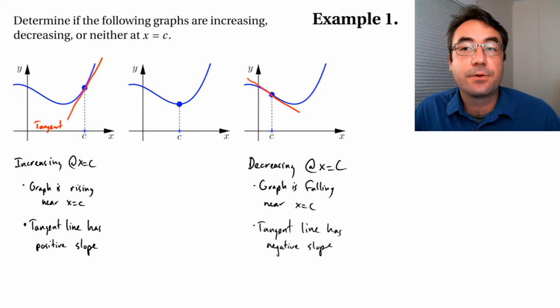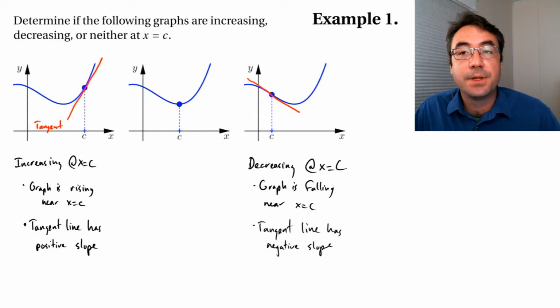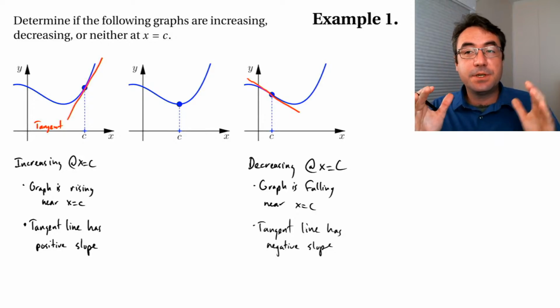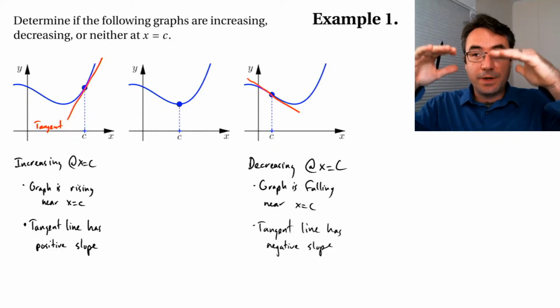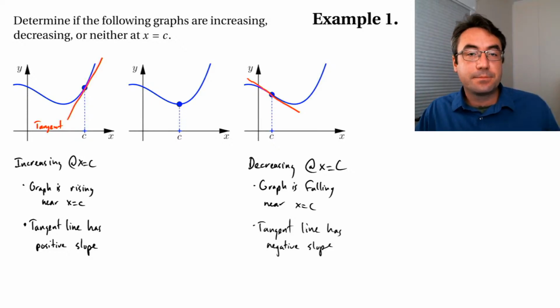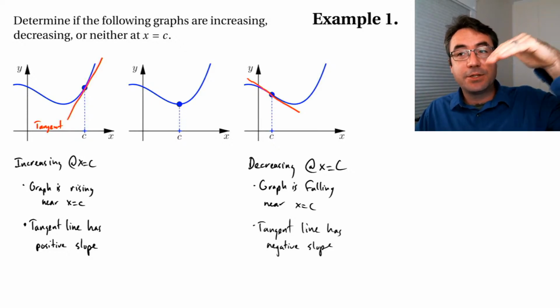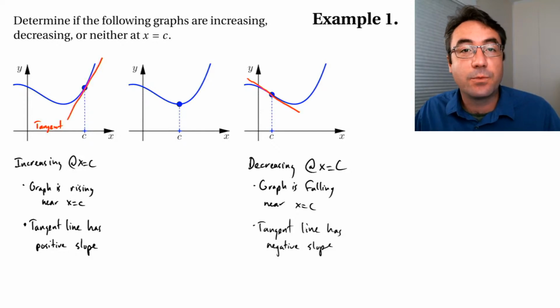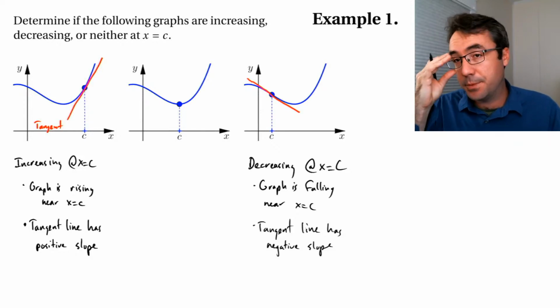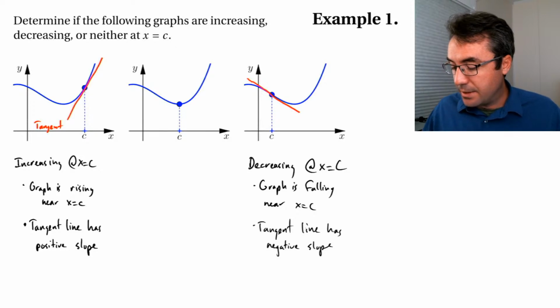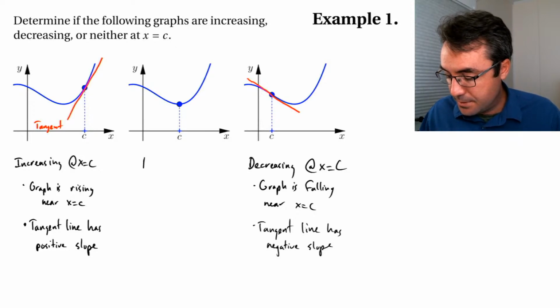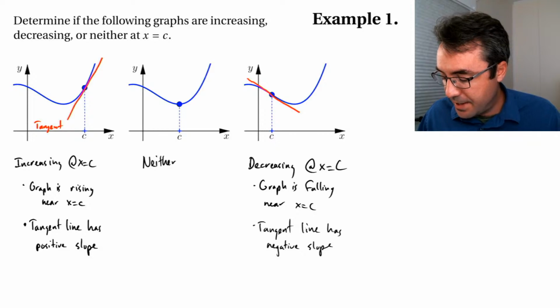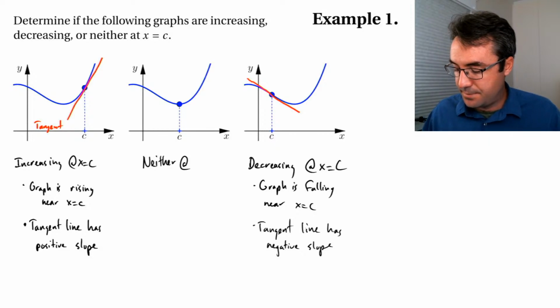Just another way to characterize the fact that our function is decreasing at x equals c. Right around x equals c, the graph is falling, it's moving downward. But the tangent line, if we draw it in, has a downward slope as well, a negative slope. Now directly at x equals c, in the middle example here, we see that it's neither.